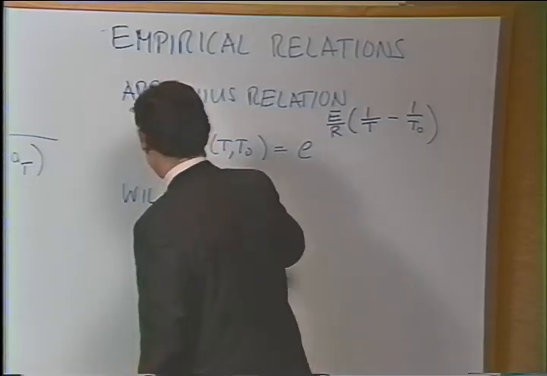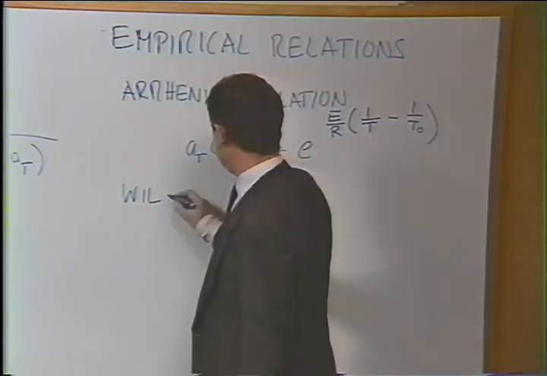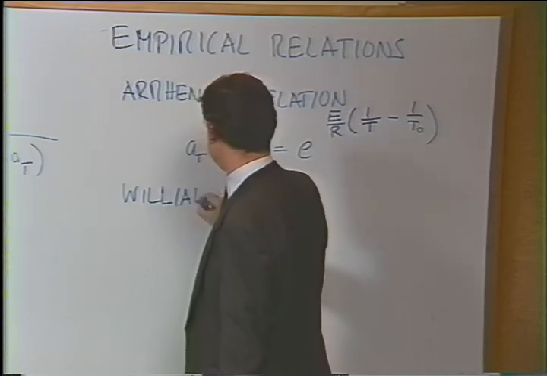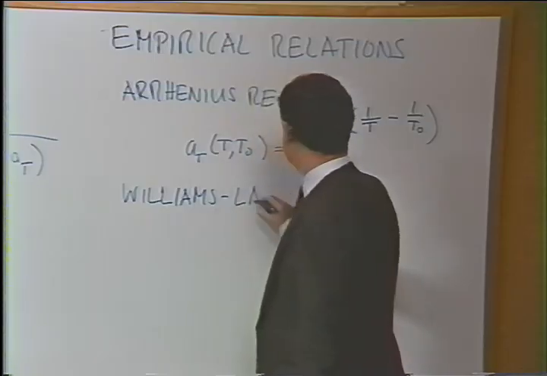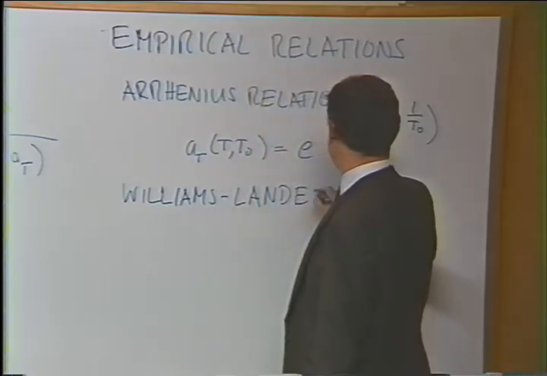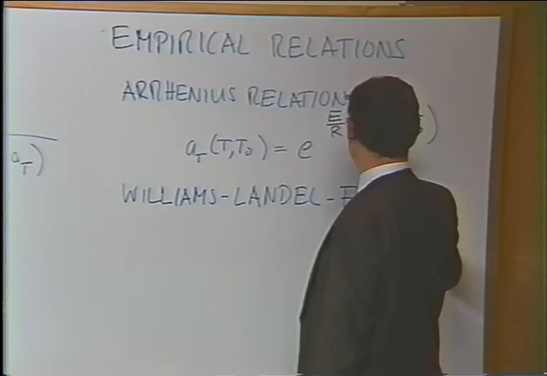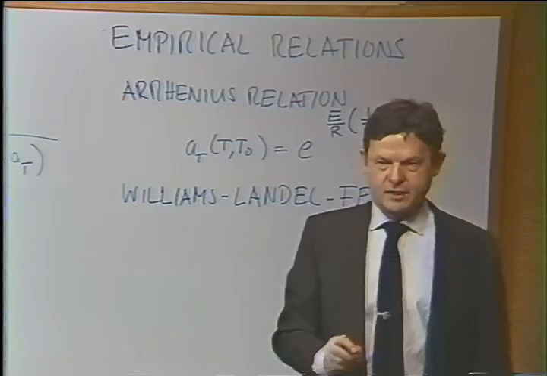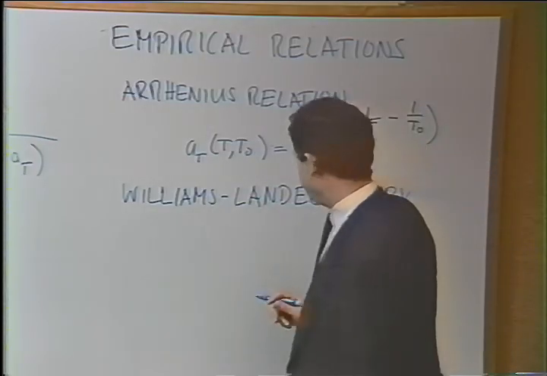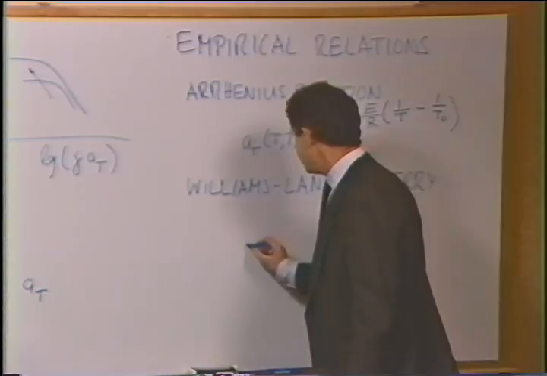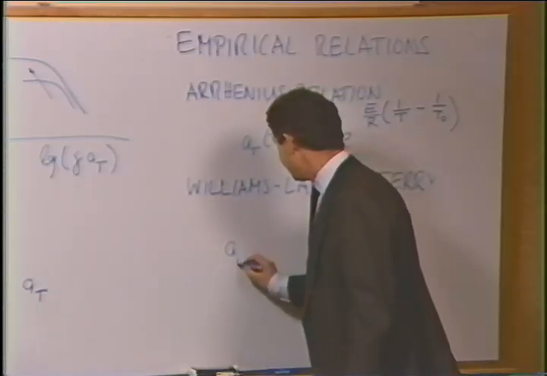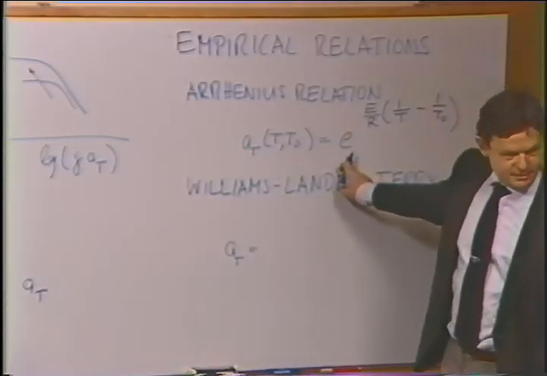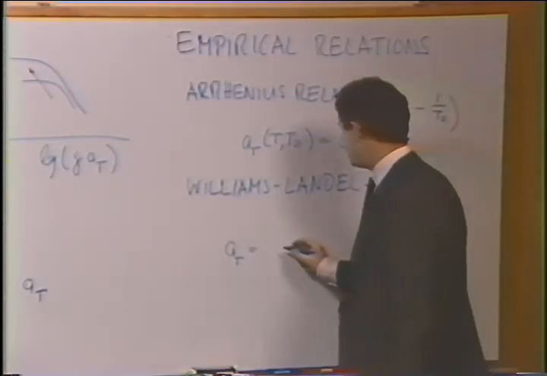So the next type of relation is proposed by Williams, Landel, and Ferry. It's the famous WLF equation, which comes up in so many relations. And this is a function which doesn't have e as a basis, but has 10 as a basis.